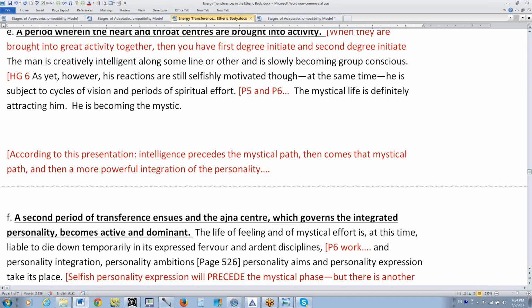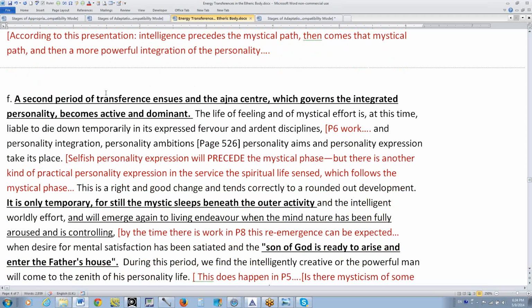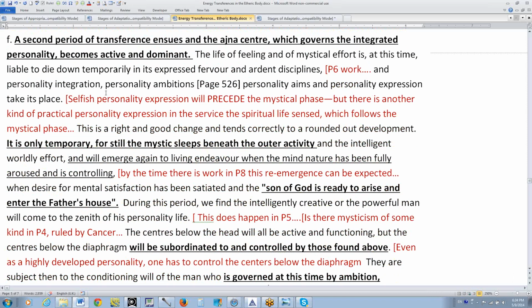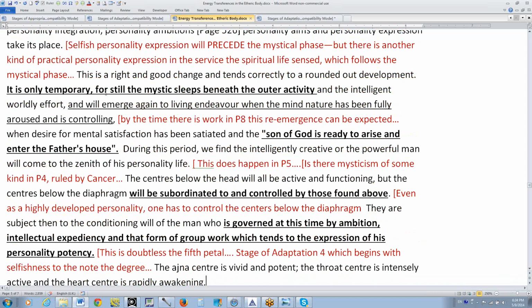Well, in section number F here, the emphasis seems to be placed upon the selfish, ambitious integration of the personality. And it's hard to think of that as following the mystical path. In other words, let me put this down here as best I can.